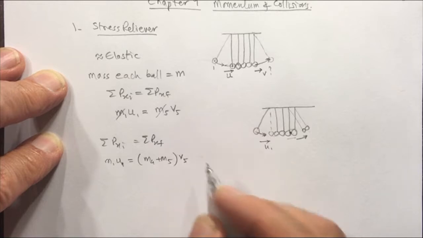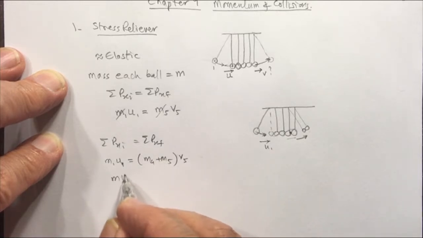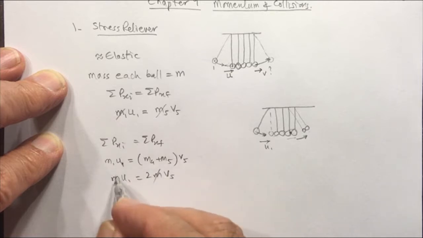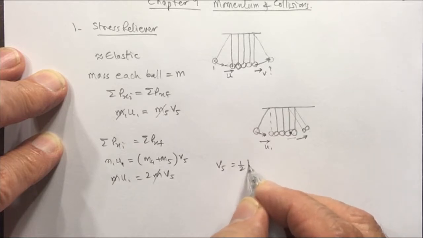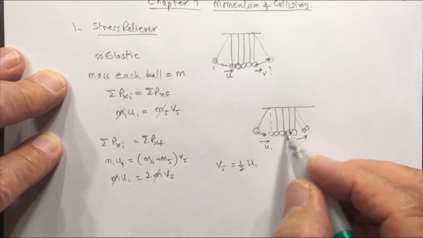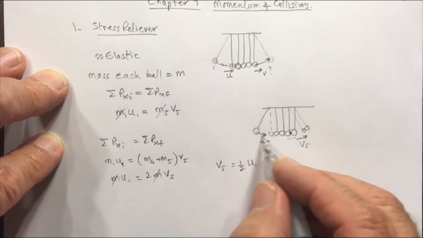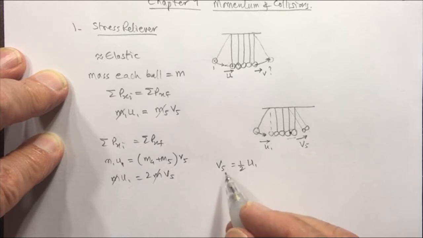Let's call it v5. Because the masses are all equal, this will be m u1 and this will be 2m v, so the m will cancel, and v5 is going to be half of u1. So together they will go off with half the speed of what's hitting it. This is from momentum conservation.